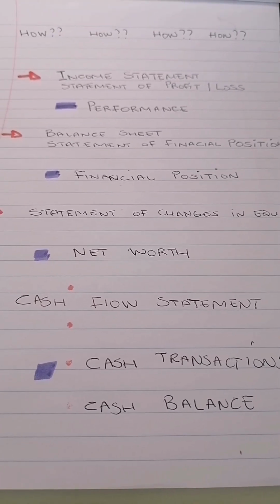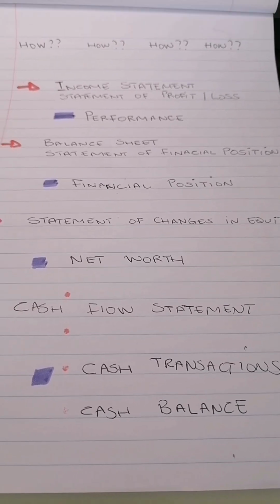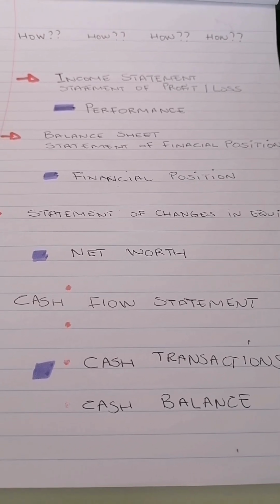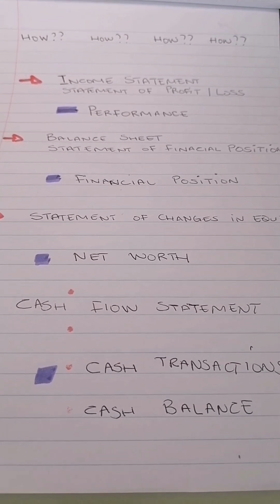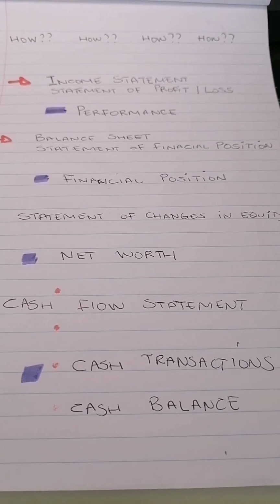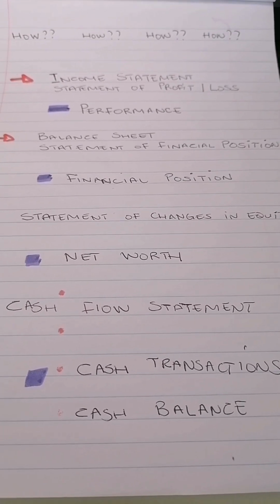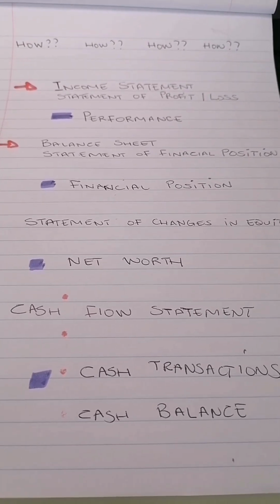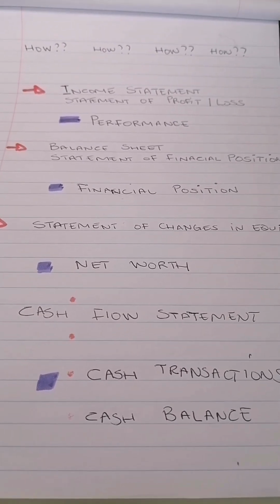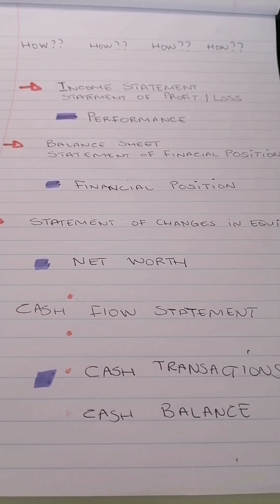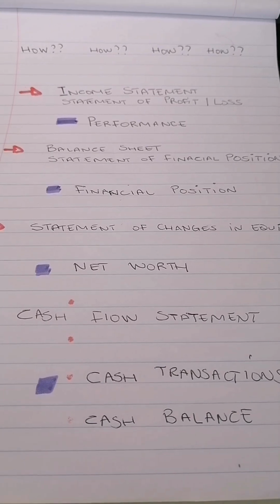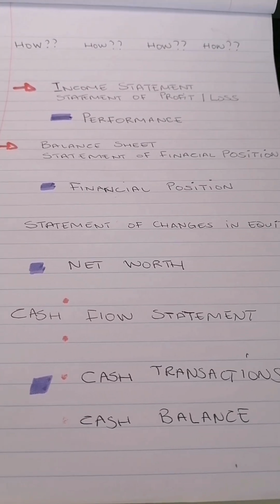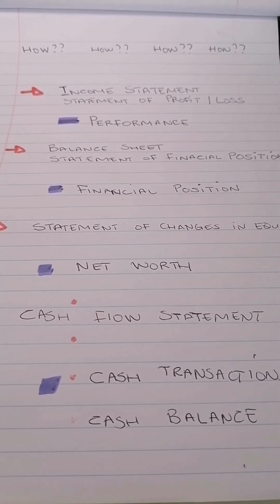Because cash is king at the end of the day. What do you have in the bank? What did you pay? Did you pay your creditors? Did someone pay you? We need to see a summary of all your cash transactions separately.